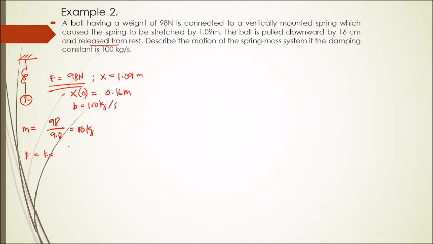Now, di lang tama apply sa sign because we're particular now with the figure, to find K. So we have 98 divided by 1.09. K is equal to 89.91. Okay, so we have K, M, and B.